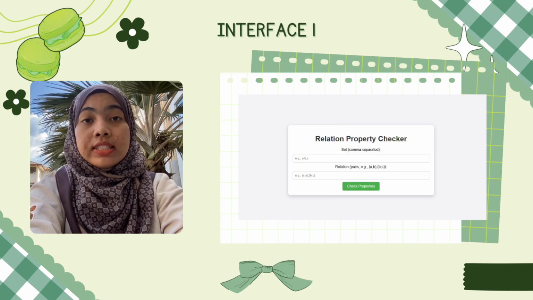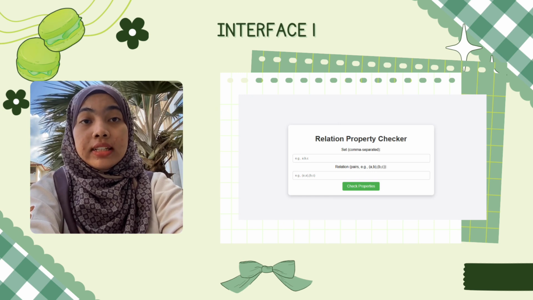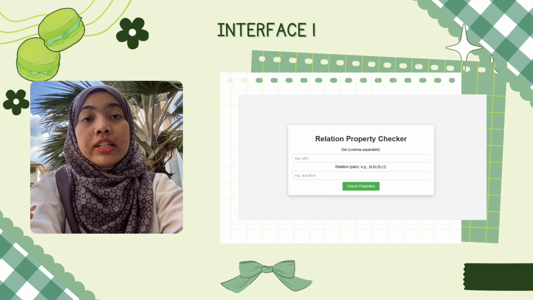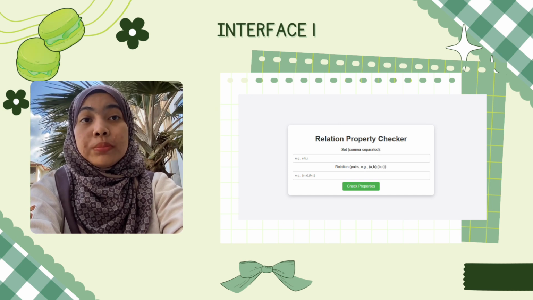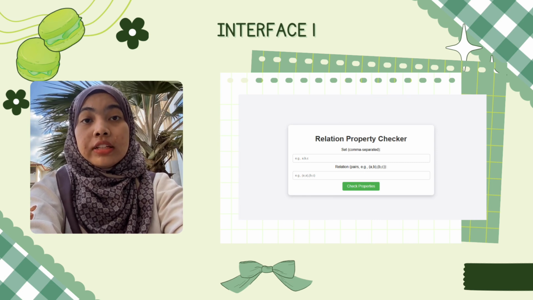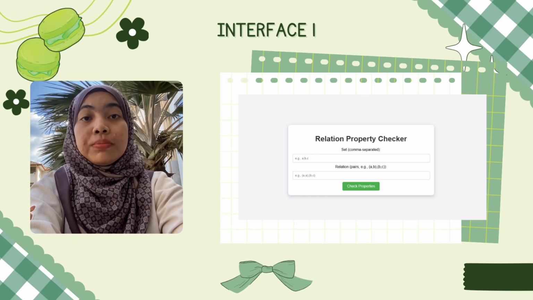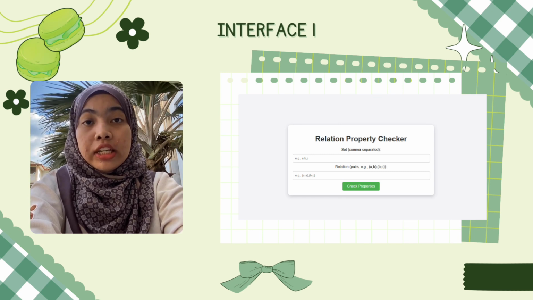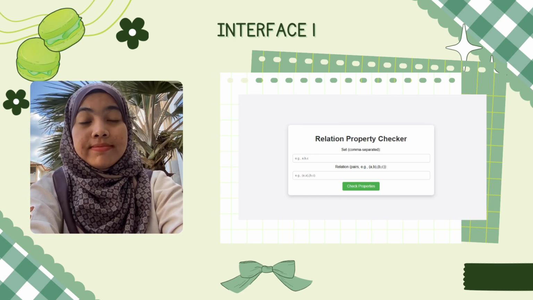The first field accepts the set, for example, {A,B,C}, and the second takes the relation as pairs, for example (A,A) and (B,C). Placeholder text guides input formatting. Clicking the green Check Properties button processes the inputs to analyze properties like reflexivity, symmetry, and transitivity with results displayed below. The design is clean, user-friendly, and easy to navigate.